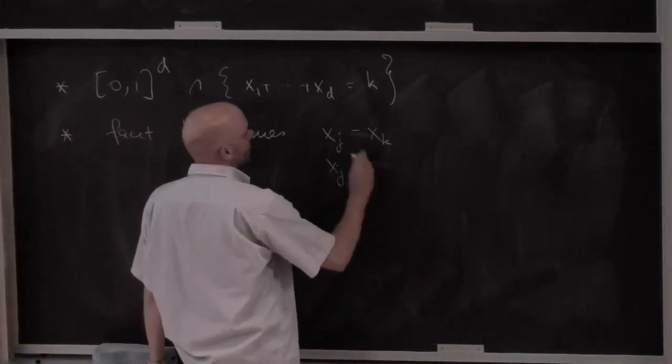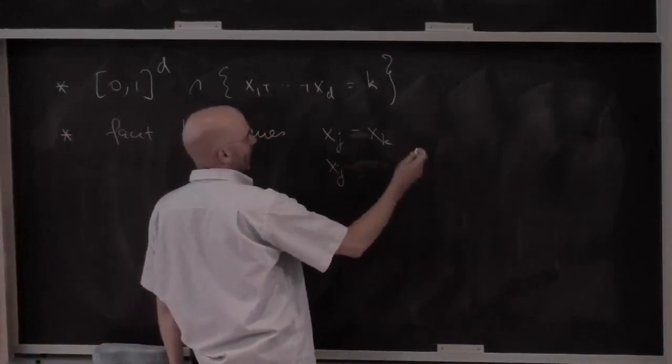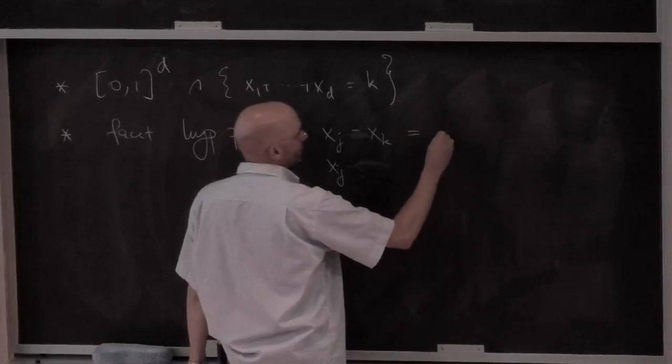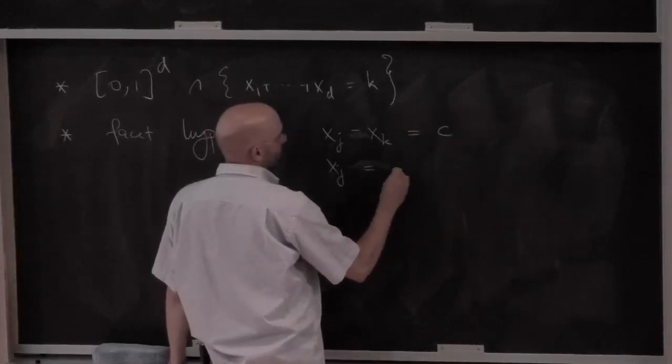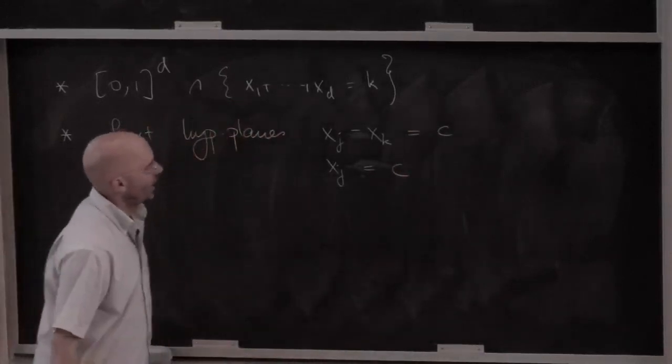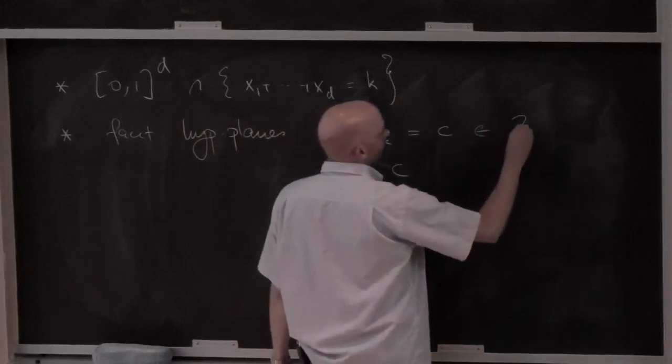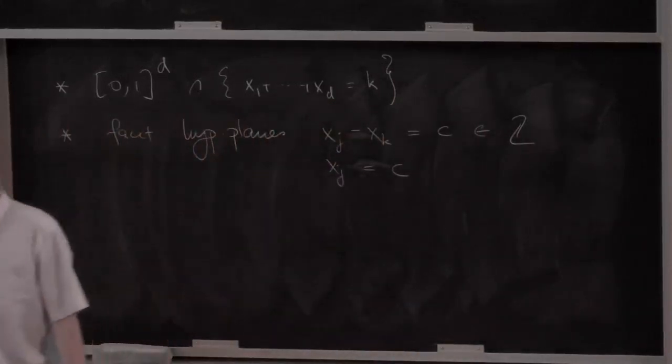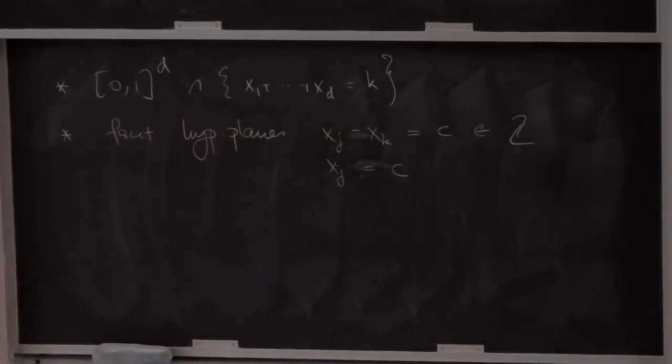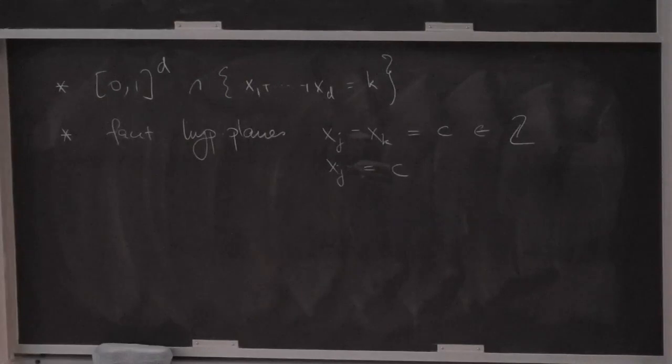So either of the form xj minus xk equals some constant, or xj equals some constant. And I guess I want those constants to be integers to make it a lattice polytope. So you can realize a hypersimplex fits this description. Well, that's not quite true.